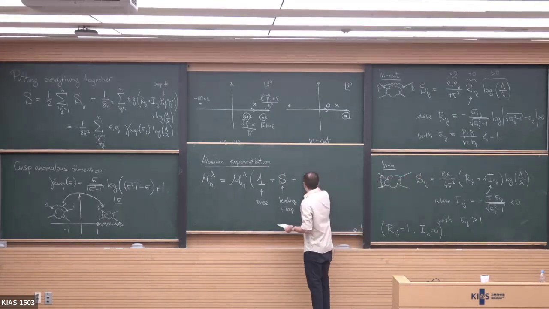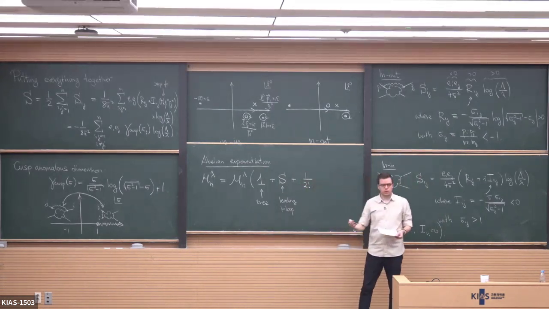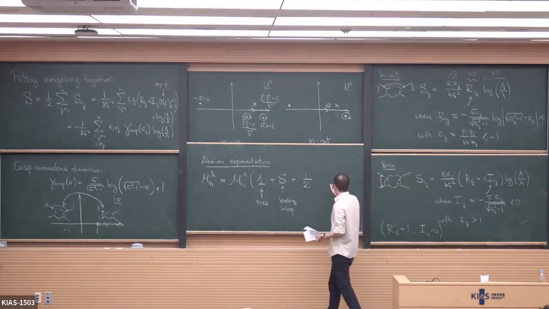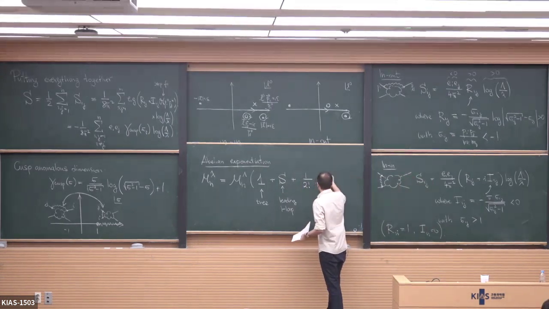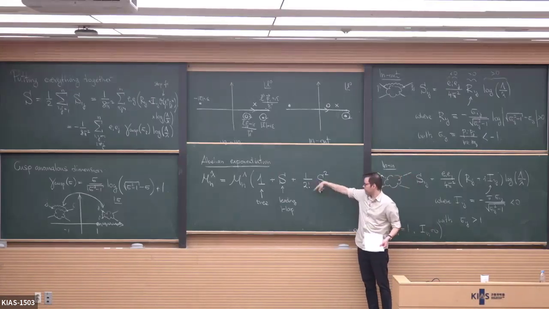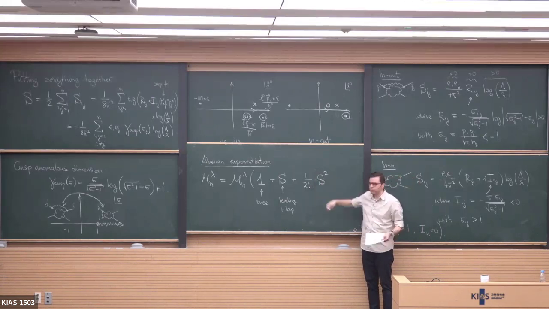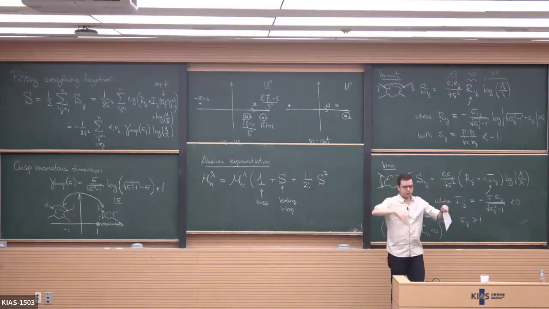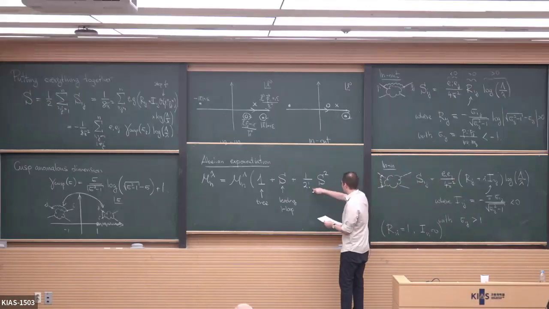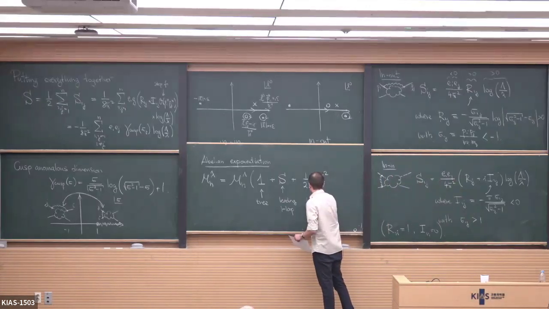A very similar story happens here, in which when I include 2 soft photons instead of 1, the only thing that happens is that I get a square of the original factor, and I also have to avoid overcounting because now inside of the loops the photons are indistinguishable. So I avoid overcounting by including this factor. So this would be the leading 2-loop contribution.